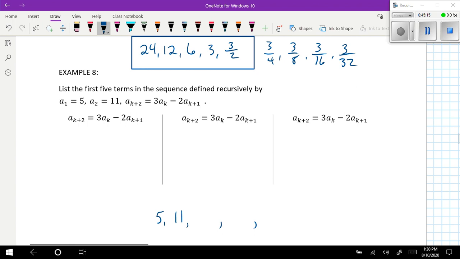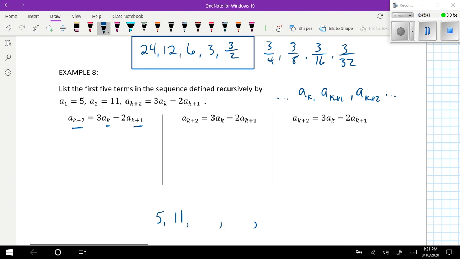Well, let's just see here. So I have a sub k, a sub k plus 1, and a sub k plus 2. So this is how they would fall. The a sub k would be the one you know first. The a sub k plus 1 would be the next one. And a sub k plus 2 would be the third one.